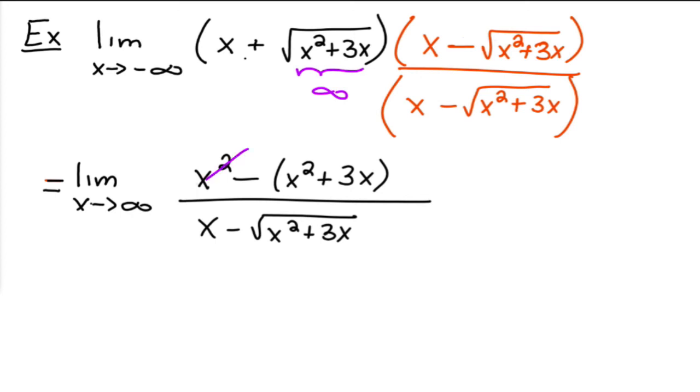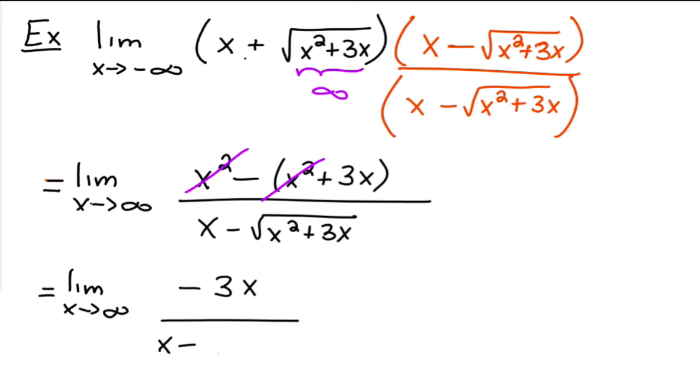Here, x squared minus x squared, those guys go away. And so I'm simply left with the limit as x approaches infinity of negative 3x over x minus the square root of x squared plus 3x.